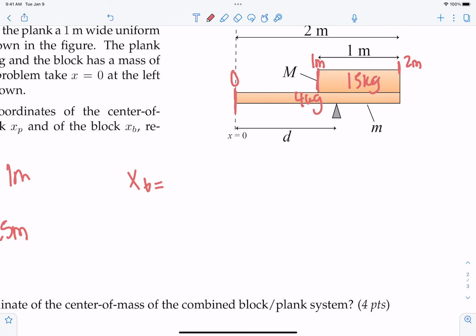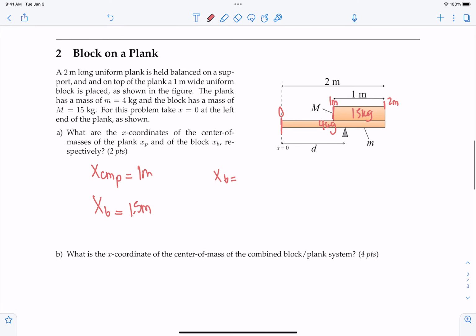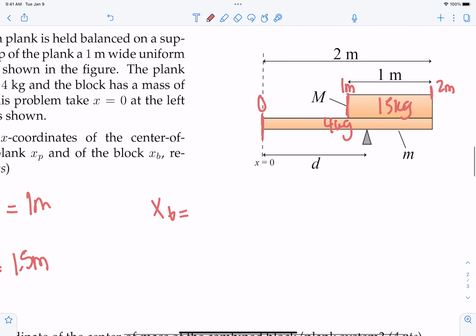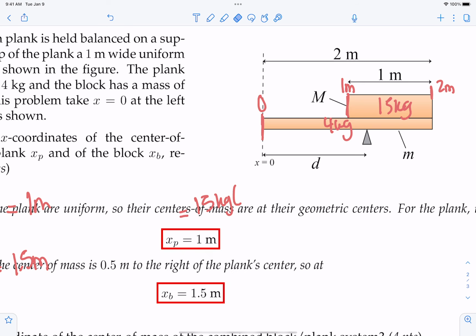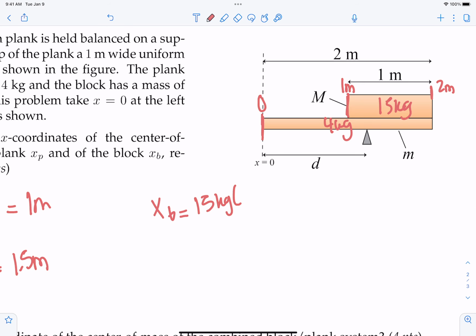Now, if we were just doing the mass of the block, so the mass of the block is what? 15 kilograms? Times its position away. No, actually, hold up. No, we can't do that. We can't use this equation at all.